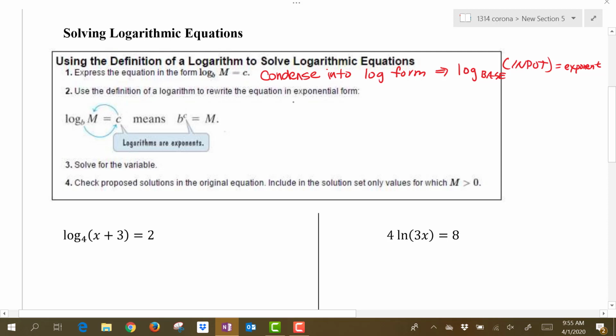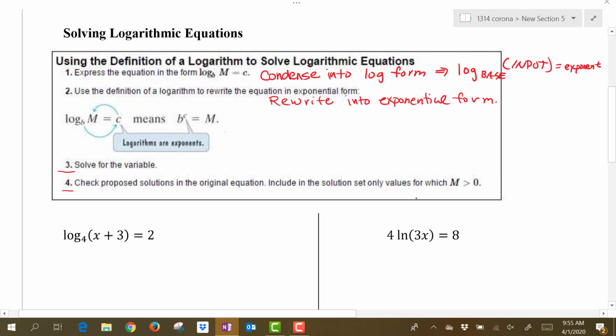The next step is also something familiar. Anytime that we want to solve a log, we're going to rewrite into exponential form. Okay, we've done that before as well. As soon as we rewrite into exponential form, then we're going to solve for the variable, and then we're going to check our answer in the equation.